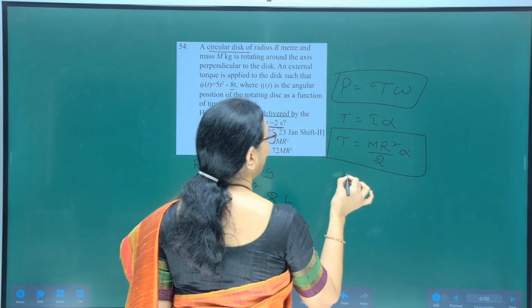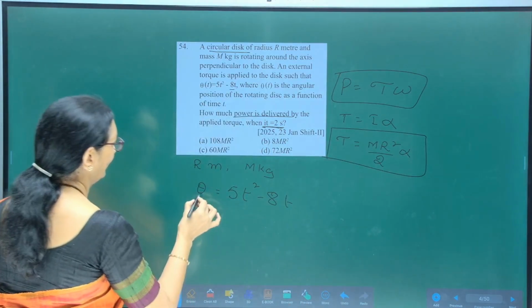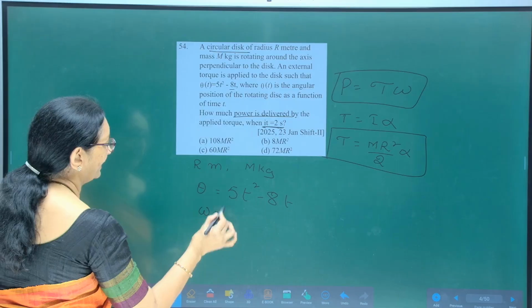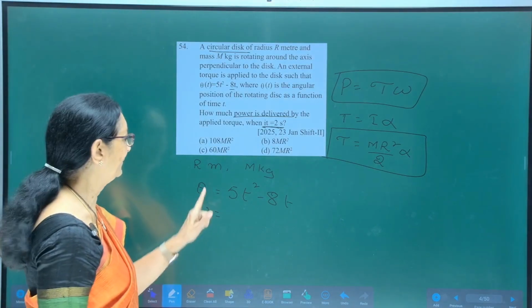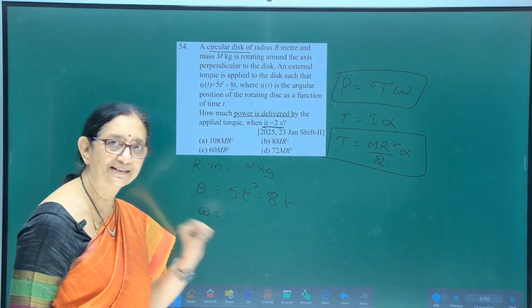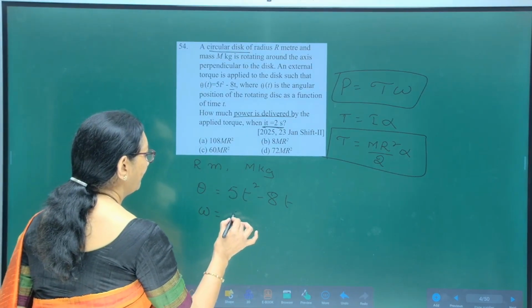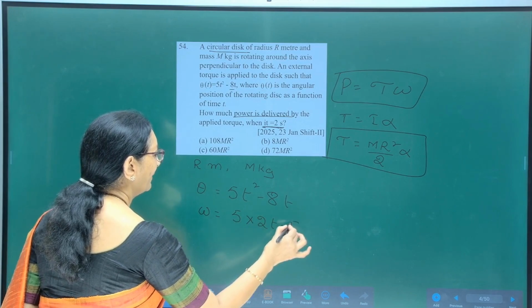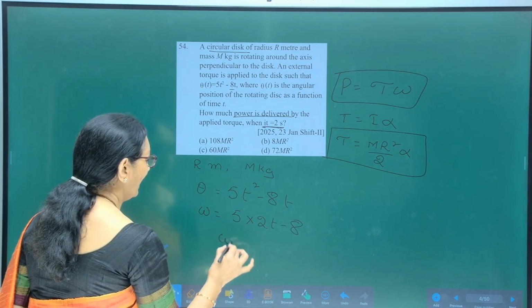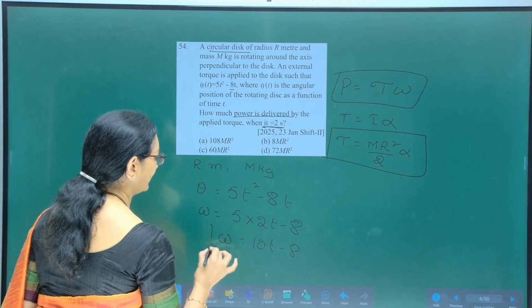And angular velocity is d theta by dt. We get angular velocity by differentiating angular displacement with respect to time. So just differentiate this with respect to time: 5 times the derivative of t square, which is 2t, minus 8. So angular velocity is 10t minus 8.